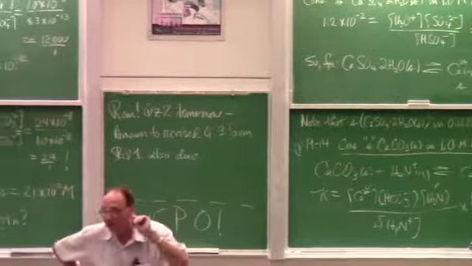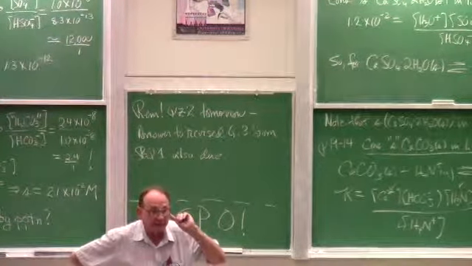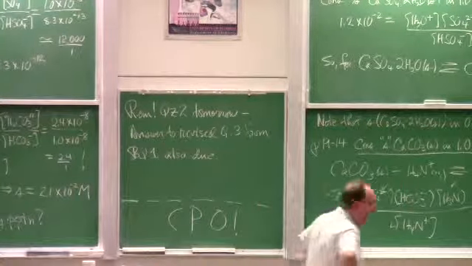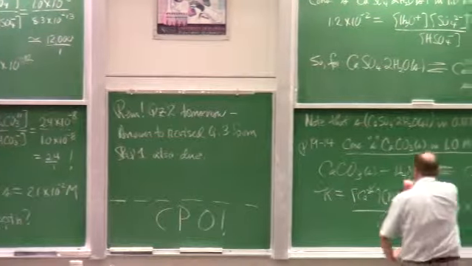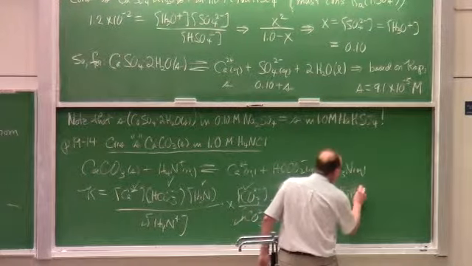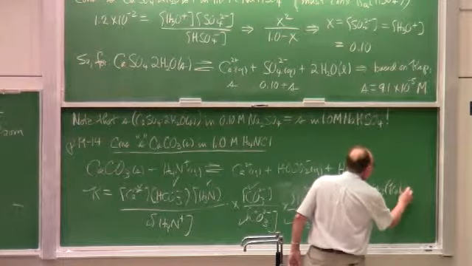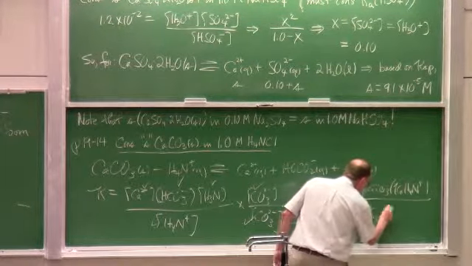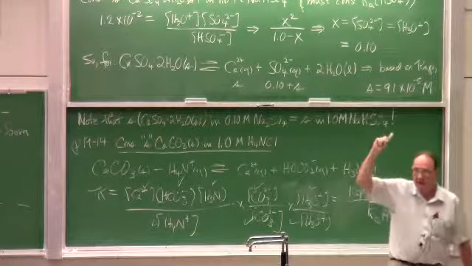Is it Ka bicarb? Or in this case, is it 1 over Ka bicarb? 1 over, right? So, here we are. Check, check, check. And here it is. KSP calcium carbonate, Ka ammonium ion, 1 over Ka bicarb.